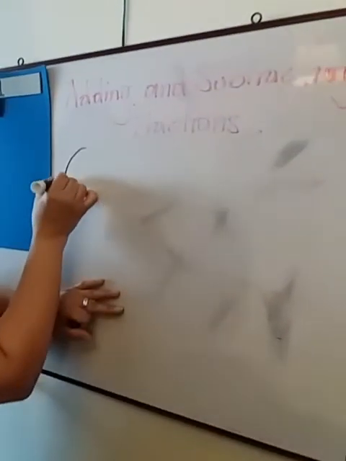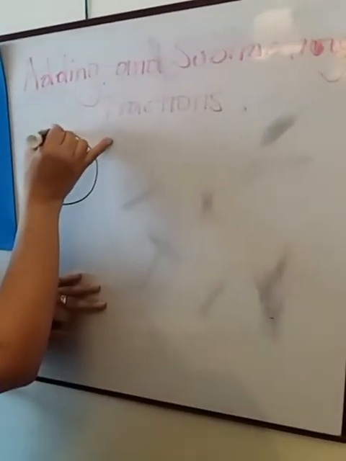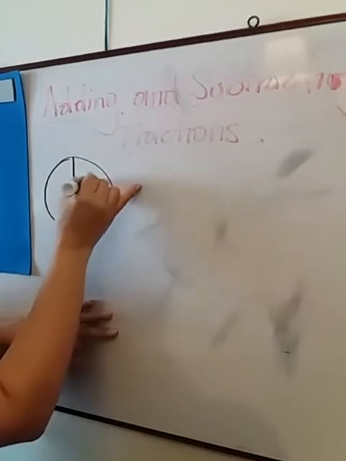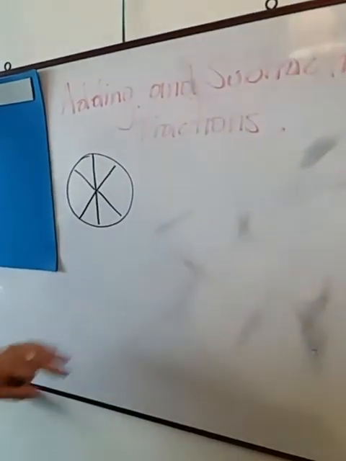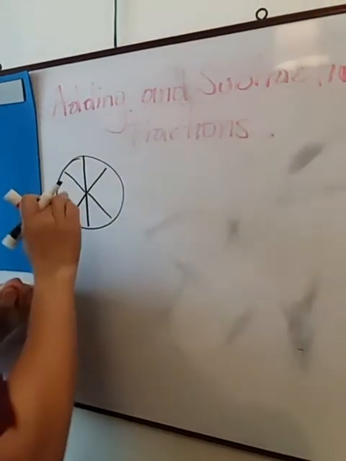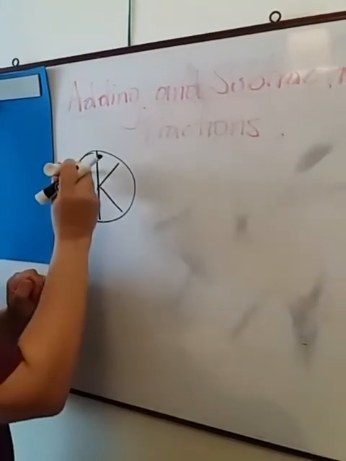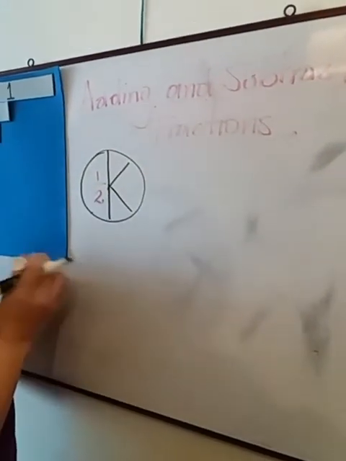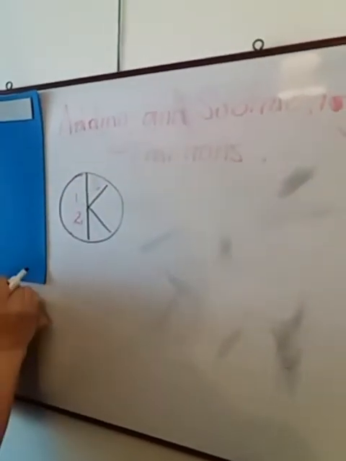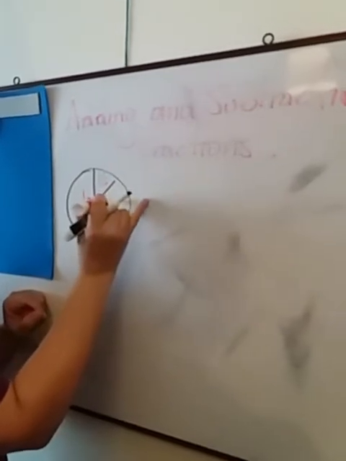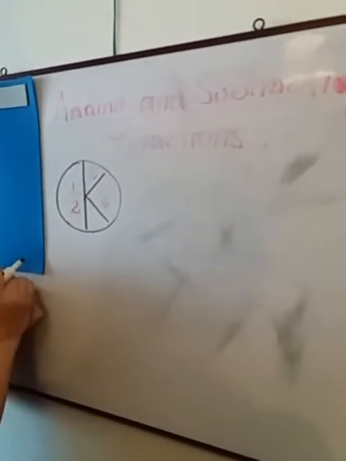So in here, I'm going to represent this, and I have the 6 pieces of cake, but I give half of the cake to Alejandro, 1/6 of the cake to Mariana, and 1/6 of the cake to Nubia.